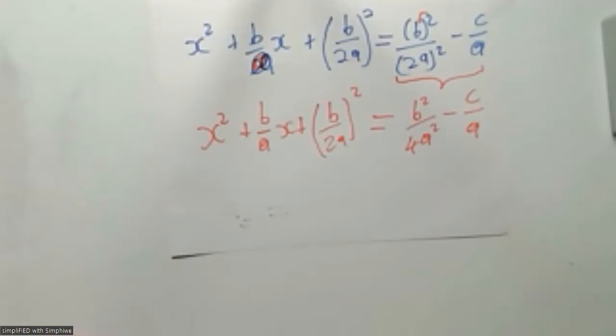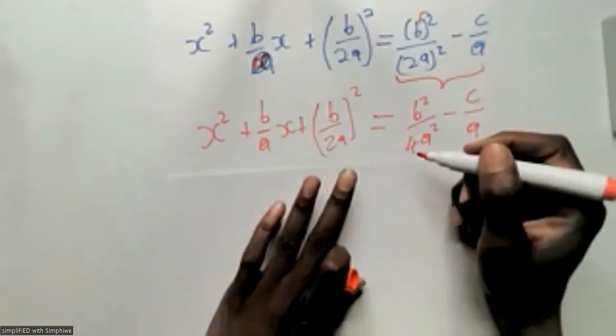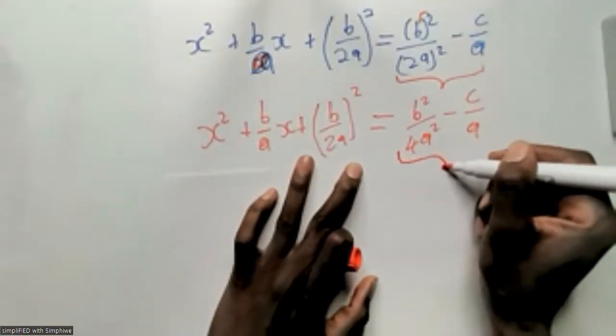Here is where the punchline of completing a square comes in. Listen very carefully. This is where we're actually completing the square. Before I proceed I should simplify this one further. Yes, let me do that.